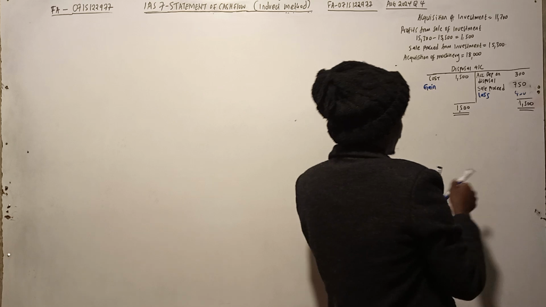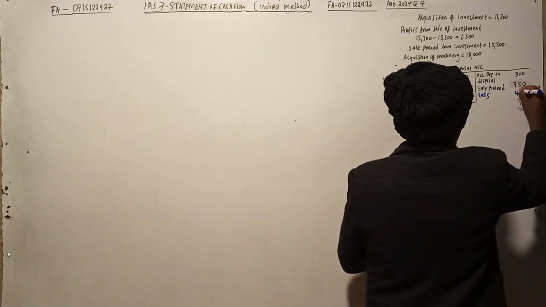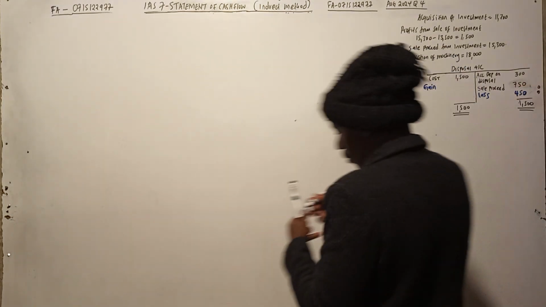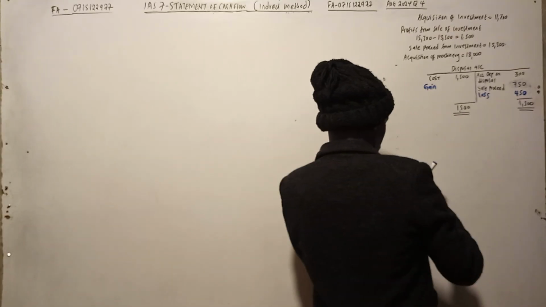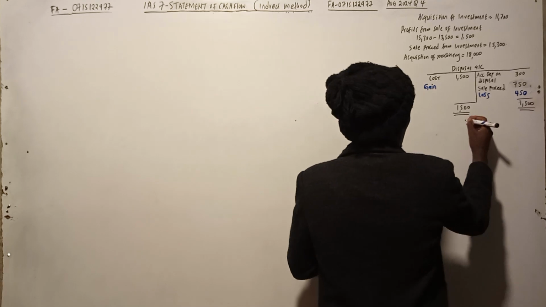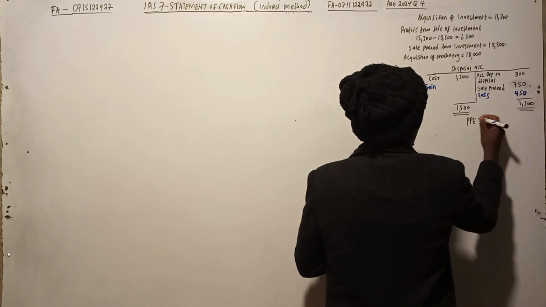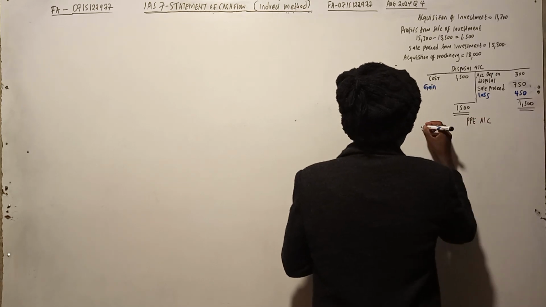Au mwingine ni 450. 450, that one is okay. Now let's prepare the PPE account because there was a disposal actually. Let us prepare the non-current account. We call it the PPE account.